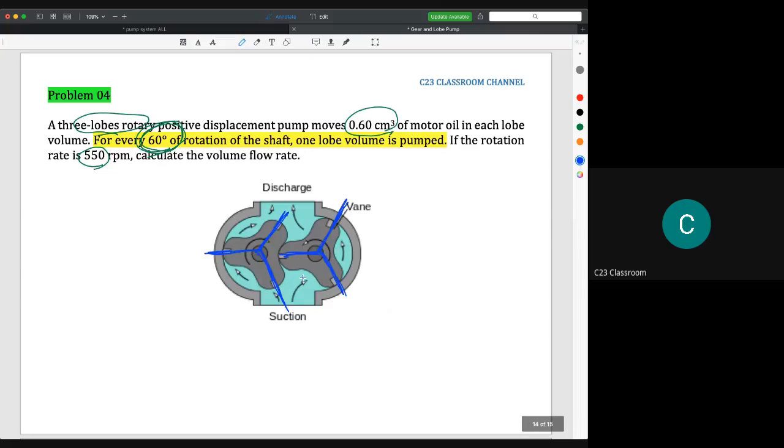And some students will multiply by 3, because they only see 3 compartments here. But I want to make some discussion here. Let's say this lobe moves from right to left like this, so first the lobe here is horizontal, and then when it moves there, it rotates counterclockwise like this.